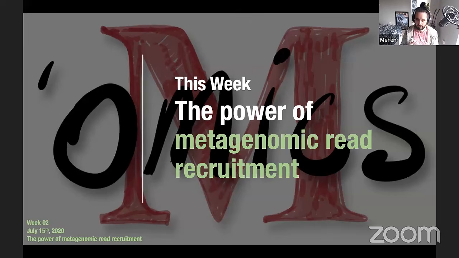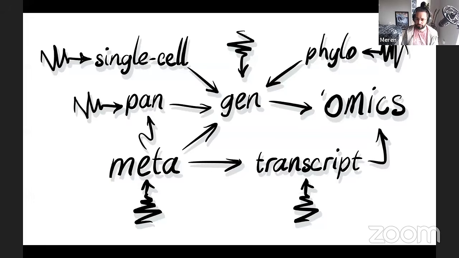So I think it is very important to understand the basics and the utility of metagenomic read recruitment, which I will try to cover. Going back to the slide, metagenomic read recruitment actually makes up a significant fraction of what's going on here. We always rely on read recruitment one way or another, whether we are recruiting reads from metagenomes or metatranscriptomes, etc. I hope you will have an understanding of this concept if you are not very familiar with it already.